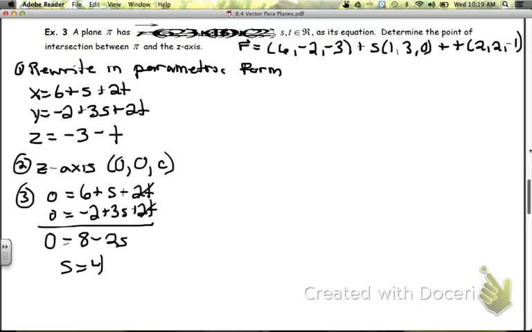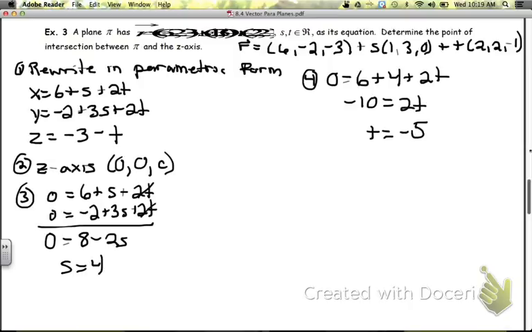And now we're going to solve, and s will be equal to 4. Now our fourth step here is, since we know what s is equal to, we're going to sub into the parametric form of our x. So we have 0 is equal to 6 plus 4 plus 2t. The reason we're doing that is so that we can solve for t. So we have -10 is equal to 2t, so therefore t is equal to -5.